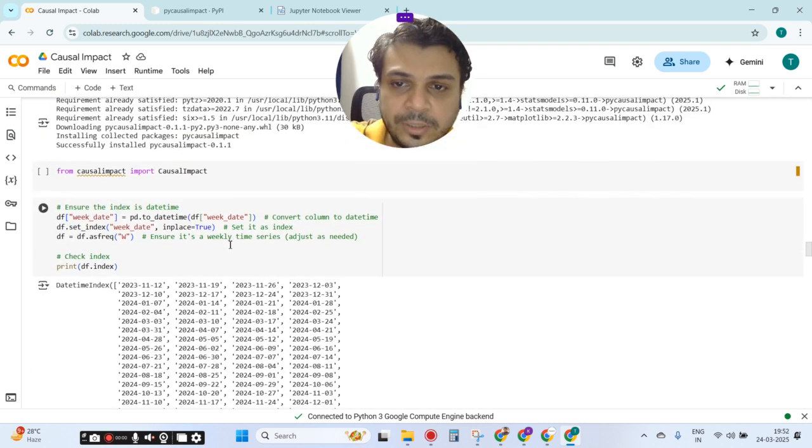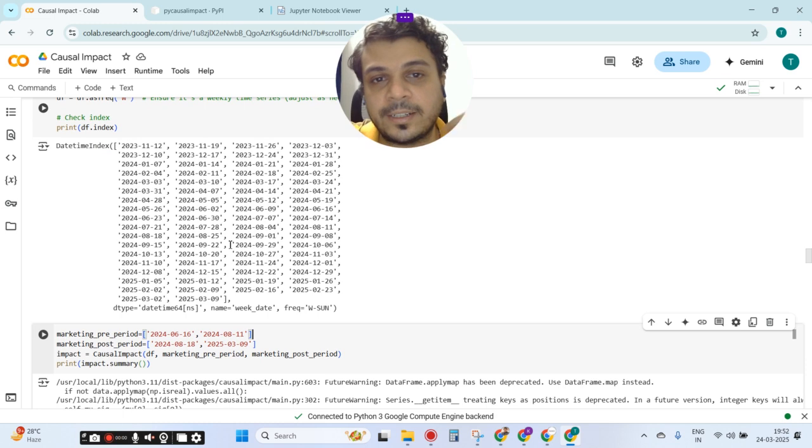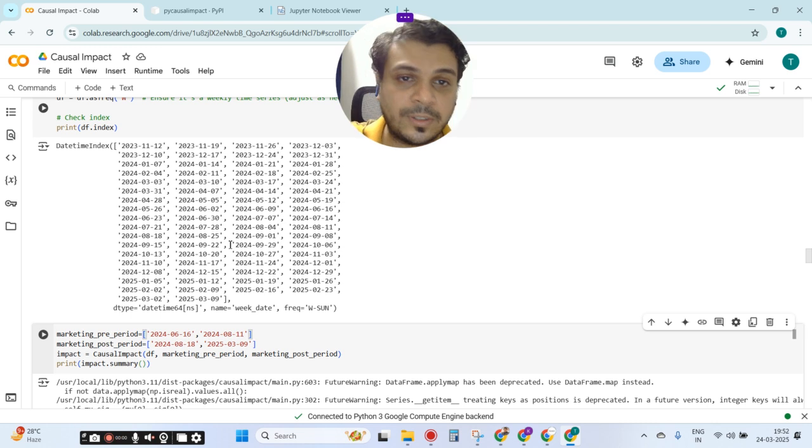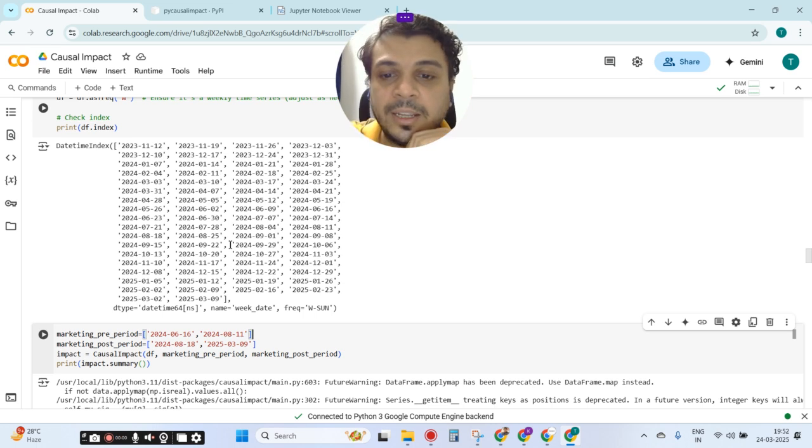So one point to note here is that, remember what I just said, this model is going to learn from the pre-intervention period and then apply that knowledge of the relationships between the covariate and the outcome variable and try to understand the counterfactual. And then it goes on to calculate the difference and the causal impact from there.